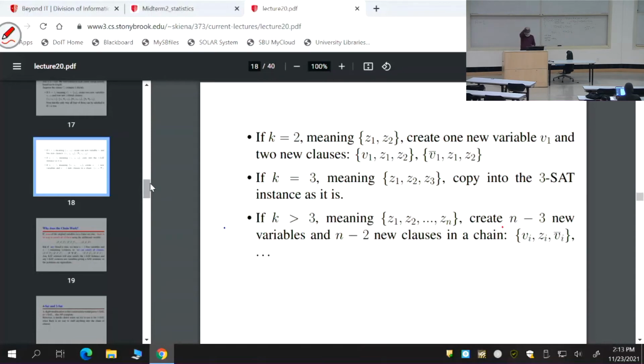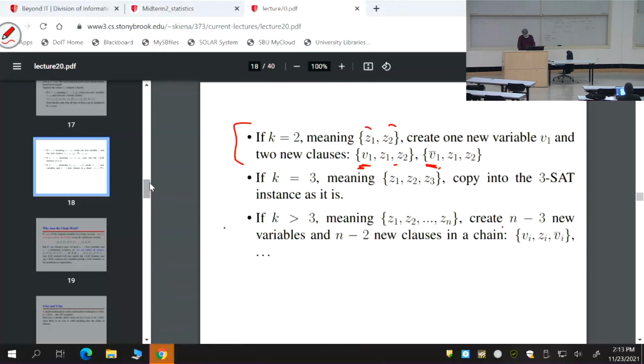If k is equal to 2, meaning my clause has 2 variables, z1 and z2, how can I make clauses of size 3 with the property that the set of them will be satisfied if and only if the original one was satisfied? If I only add 1 new variable, v1, and v1 prime, now what do I know?